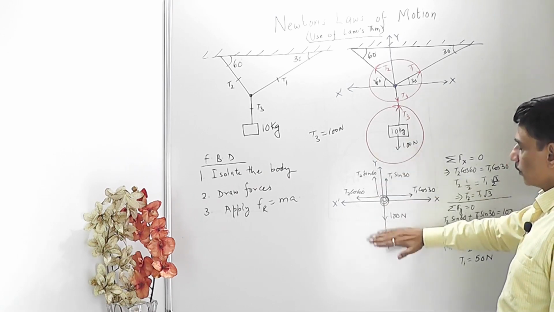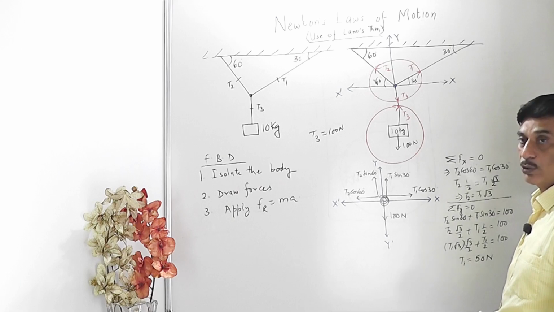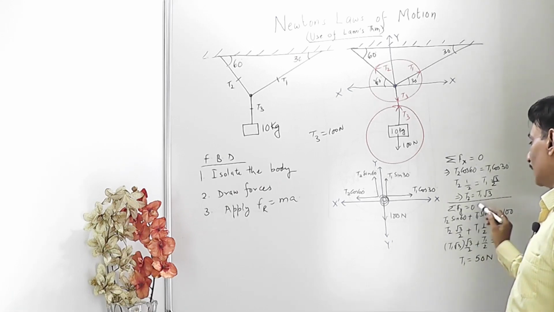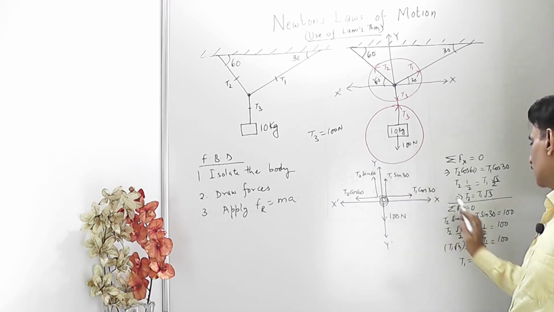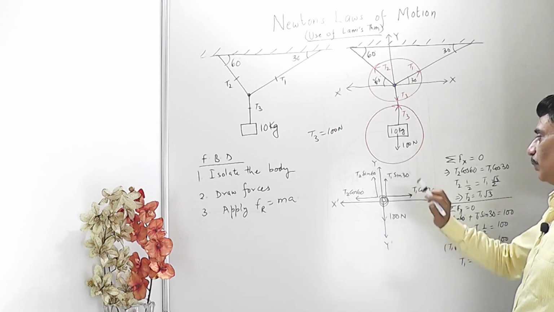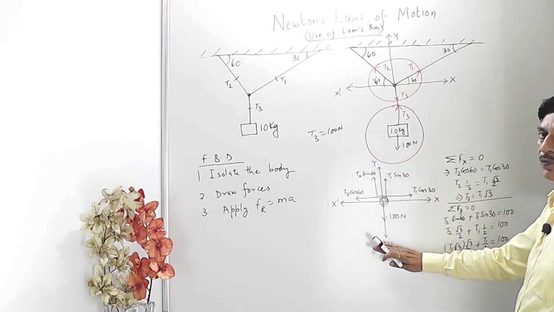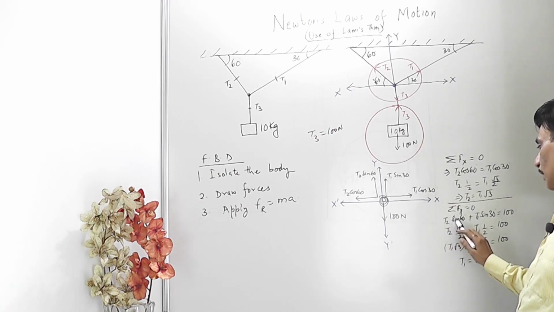Similarly, along the y-axis also this is not accelerating. So the net force along the y-axis is equal to 0. Summation of forces along the y-axis is equal to 0. So T2 sin 60 plus T1 sin 30, the upward forces, have to be equal to the downward forces. We put the value of sin 60 as root 3 by 2 and sin 30 as 1 by 2.